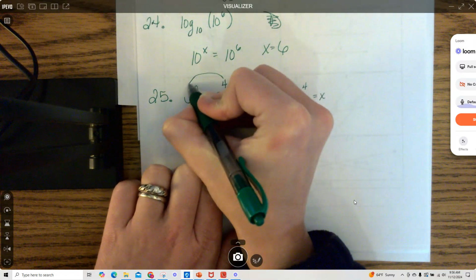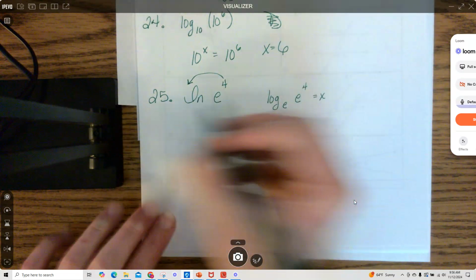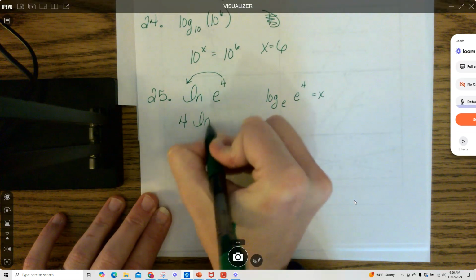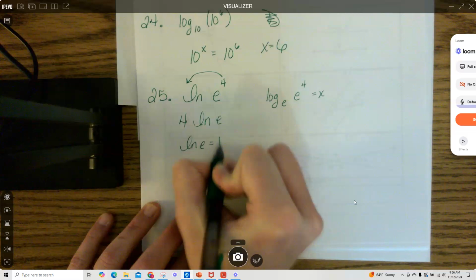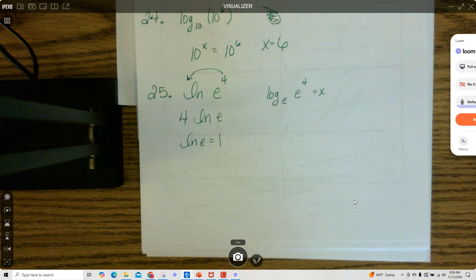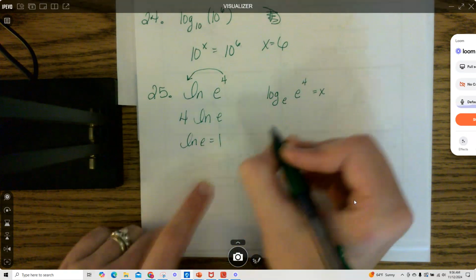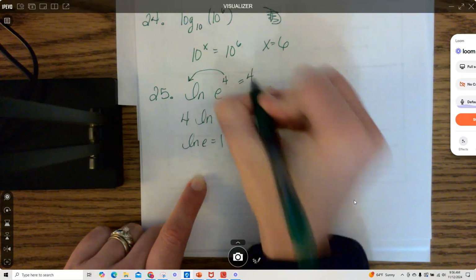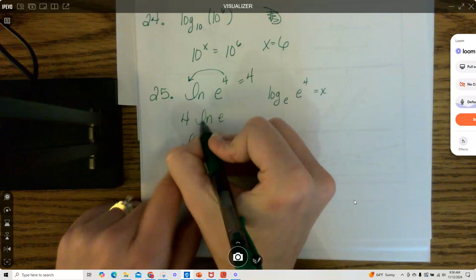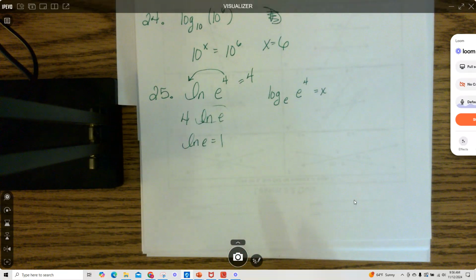Exponents become coefficients. So technically we would write this as 4 times the natural log of e. Well, the natural log of e equals 1. So really, this is equal to 4, because this part is equal to 1.